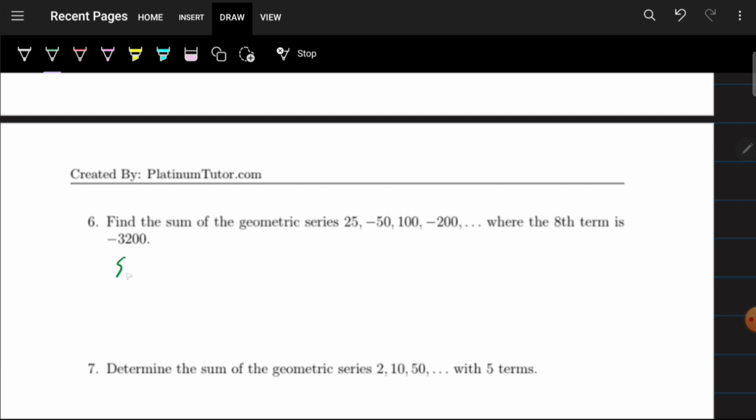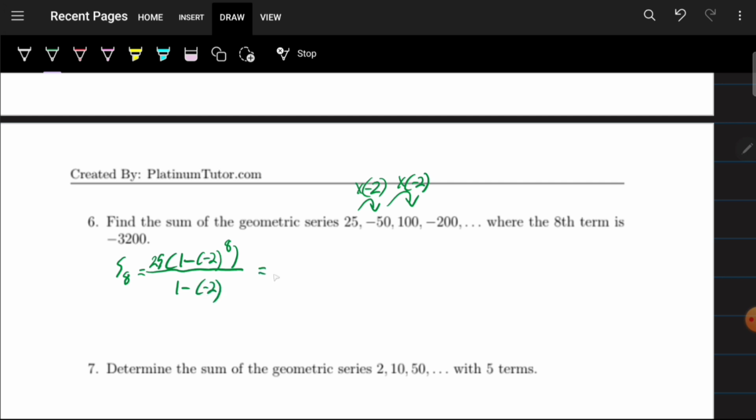And so to find the sum of the first 8 terms, we do first number times 1 minus the common ratio, and the common ratio here is negative 2, right? Because we can see every time this has to be multiplied by negative 2 to get to the next number. So negative 2 to the power of 8, whole thing divided by 1 minus negative 2, the common ratio.